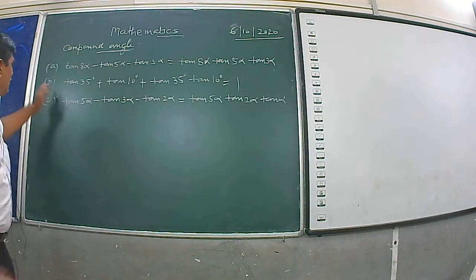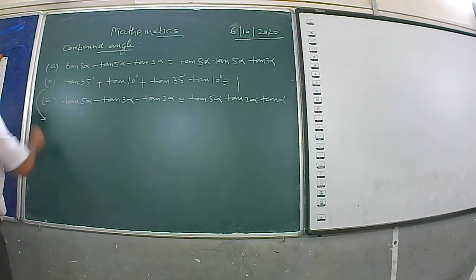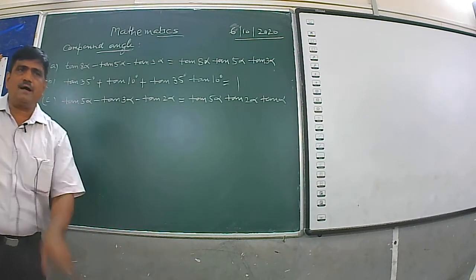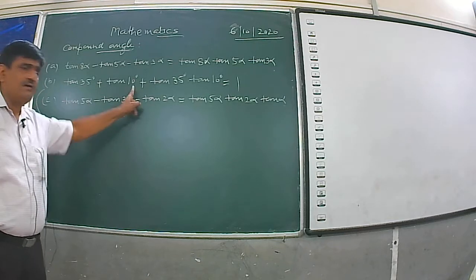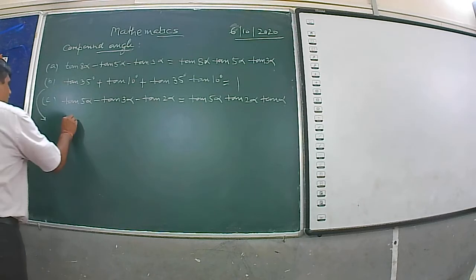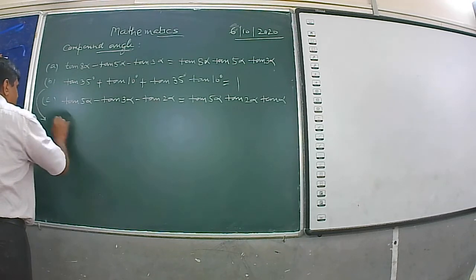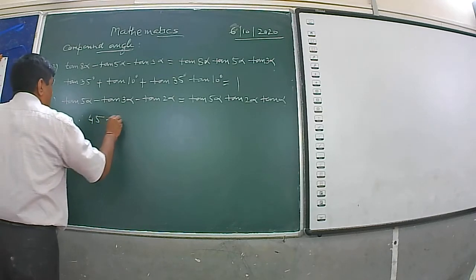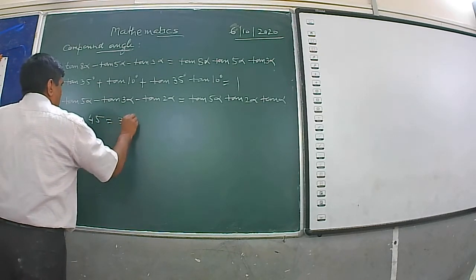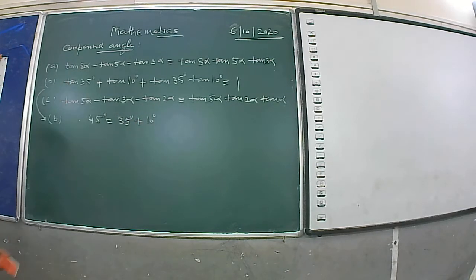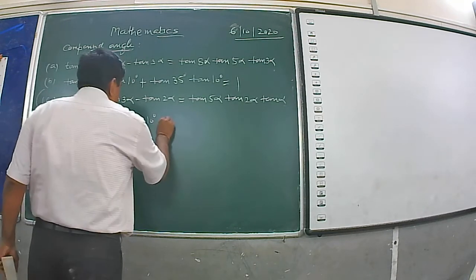For example, B. 35 and 10 are given. 35 plus 10 is equal to 45. Since 45 is equal to 35 degree plus 10 degree, now taking tangent on both sides, we write the 45 on the right hand side.